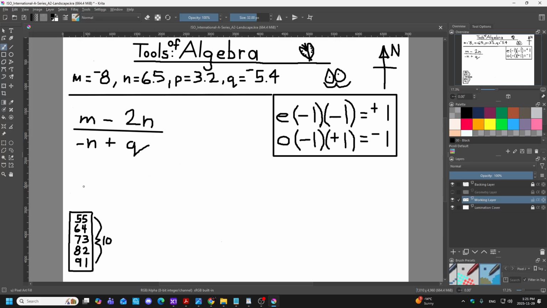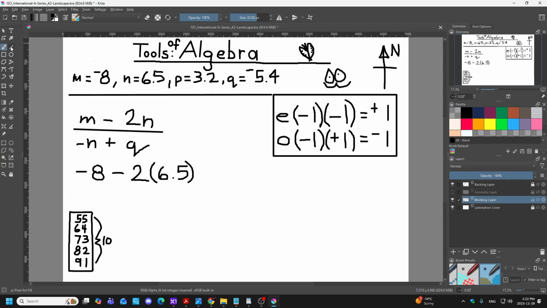Okay? It's not so bad. All we have to do is substitute. So we have a negative 8. Bring your sign. We're working on the numerator right now. 2, I'm going to use a bracket. N is 6.5, which should give us 13.